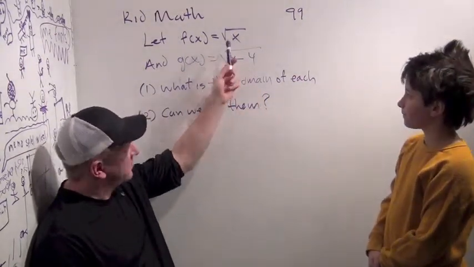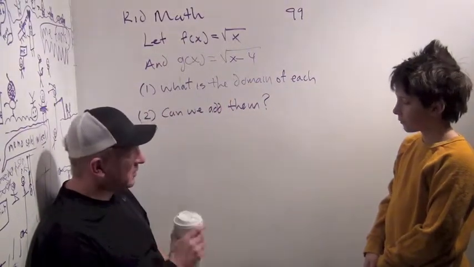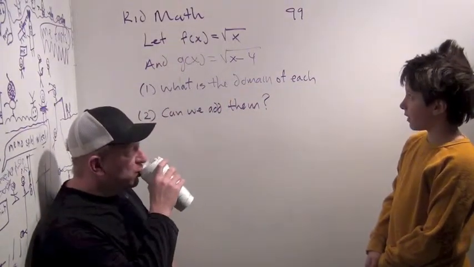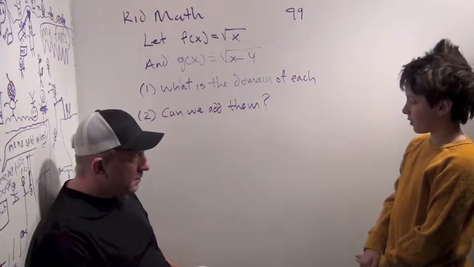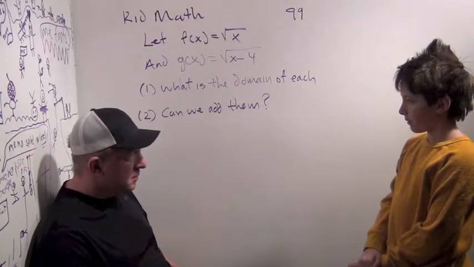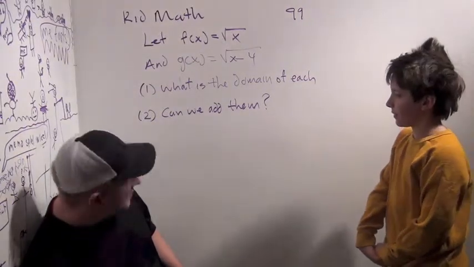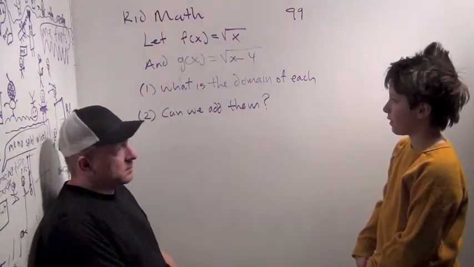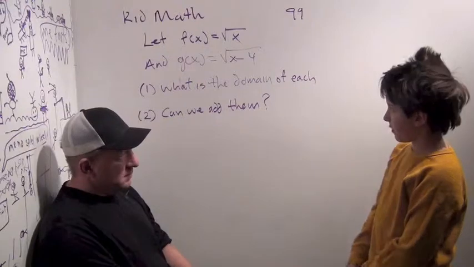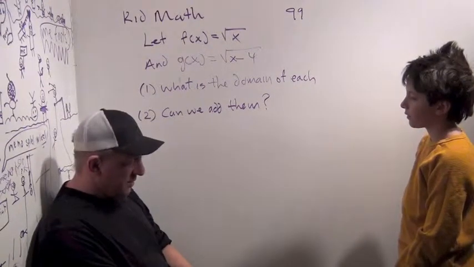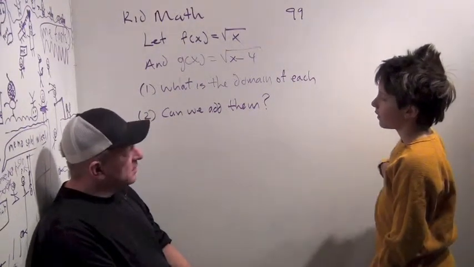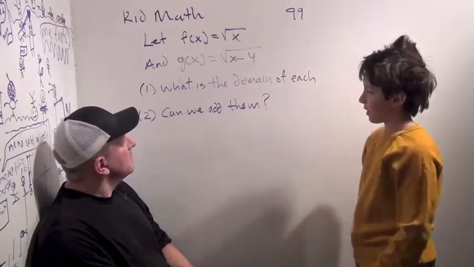Let's start with square root of x. What's the domain of square root of x? We need to keep the range real. Any positive number could work. Negatives, you're going to get i's.